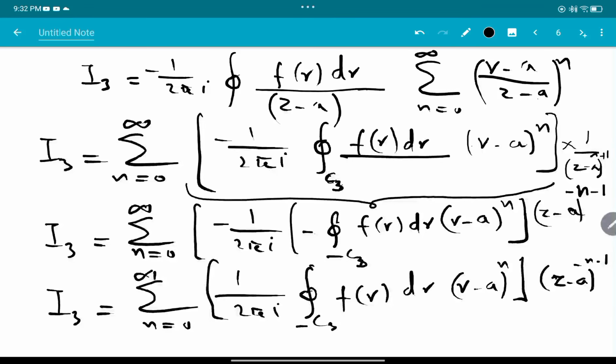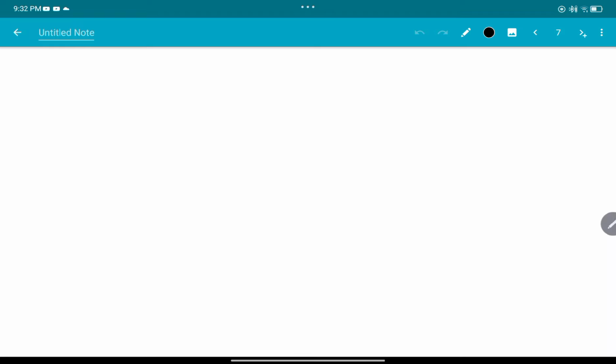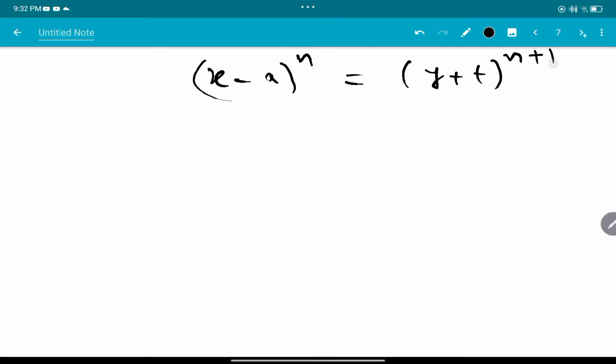Now I will change indices. I can do it. Suppose you have, for example, something like this: x minus a raised to m equal to y minus t raised to m plus 1. If this is true for this index m, we can change the name of the index.